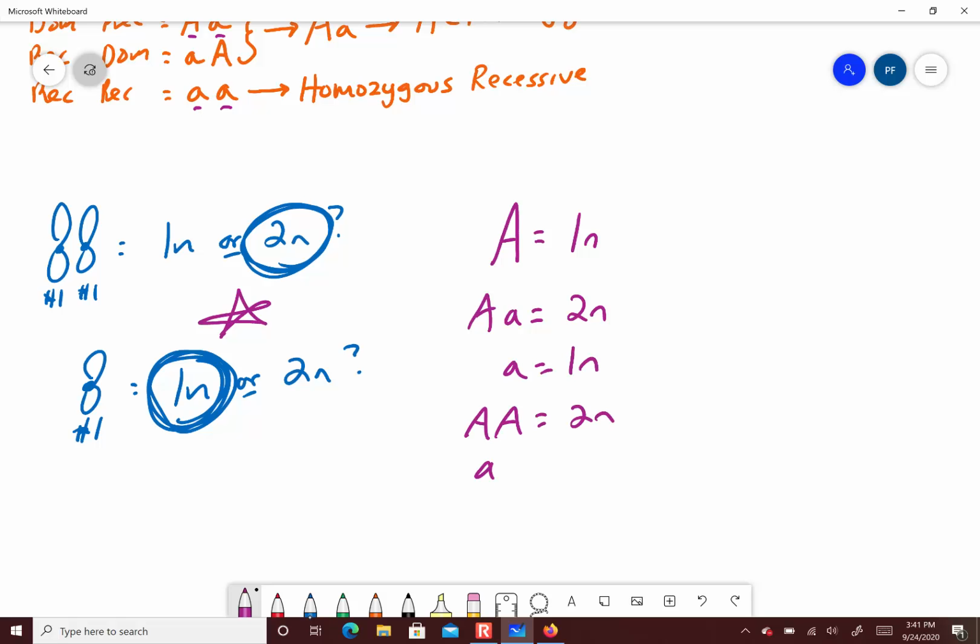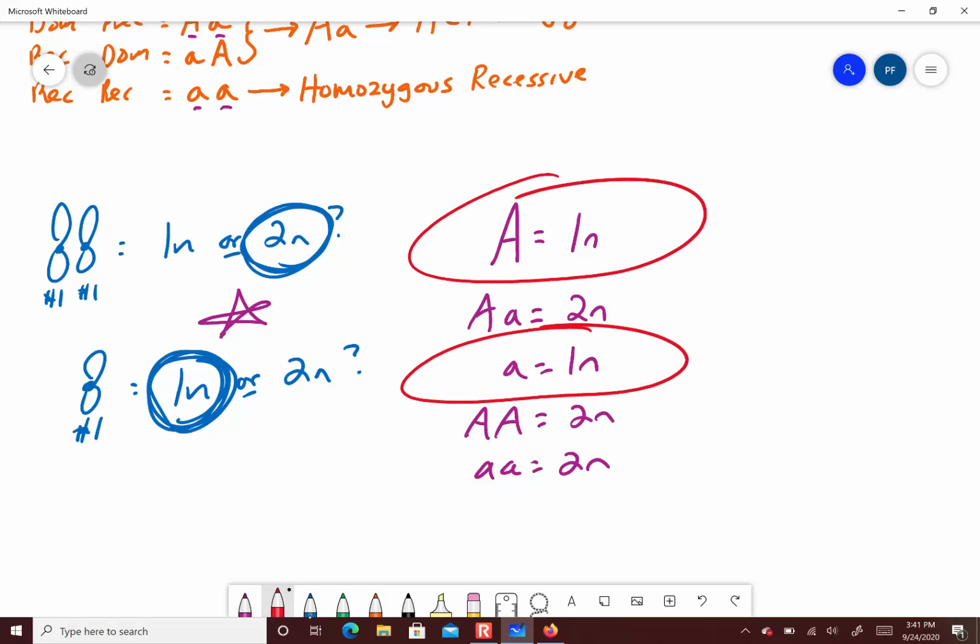So we need to understand when we're doing genetics and inheritance problems, here's what's really important with this. Every time we see gametes, sperm cells and egg cells, they have to have just one allele. These would be gametes. Sperm cells, egg cells.